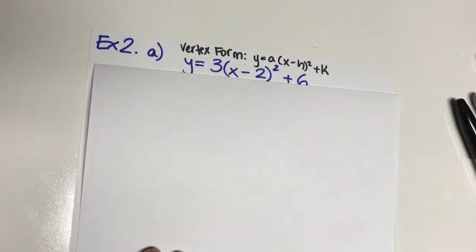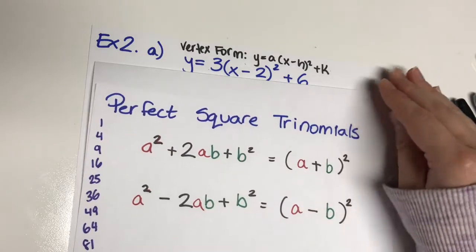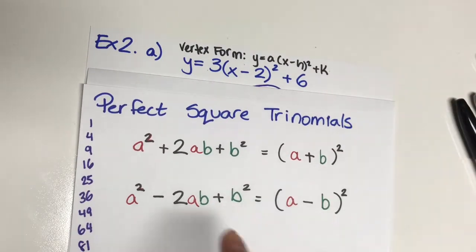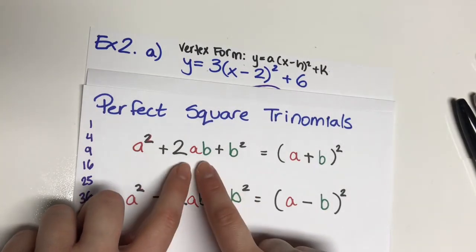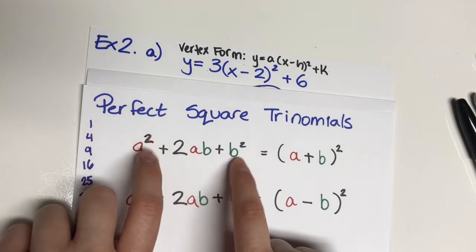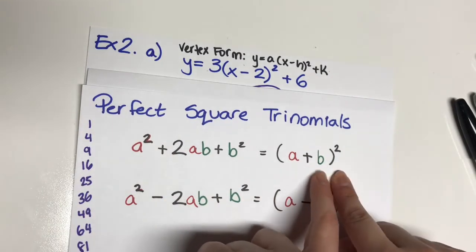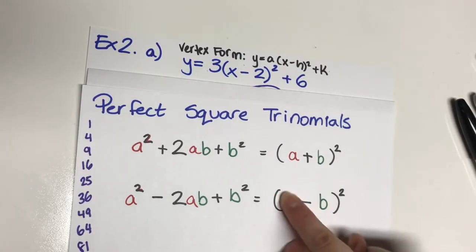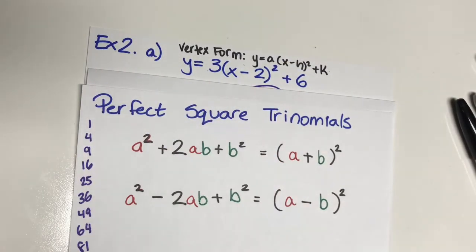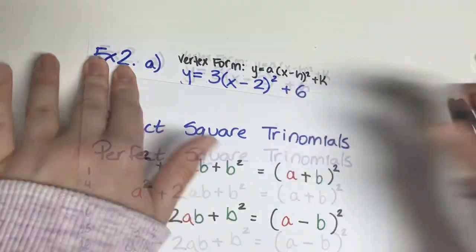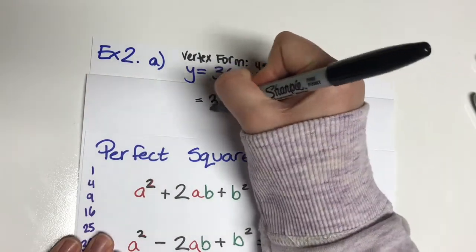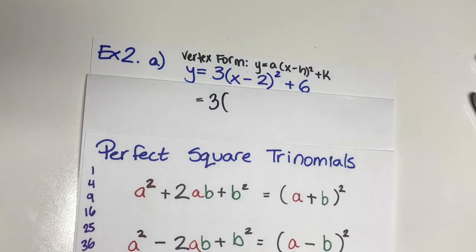So I'm keeping in mind perfect square trinomials tell us that if I have two numbers that are squared, their middle term is going to be double the bases multiplied. So this is kind of like going backwards. From this step here, I'm going back to this. So in order to go from this step to this step, I take this first number and I square it.